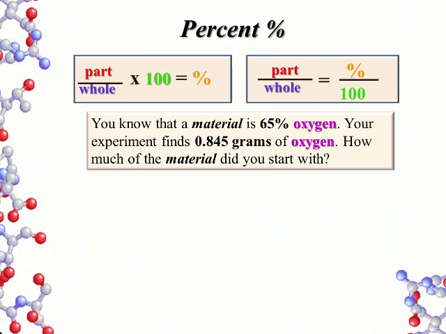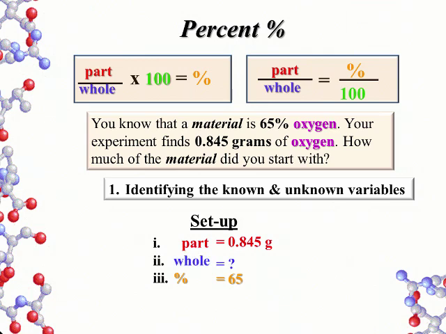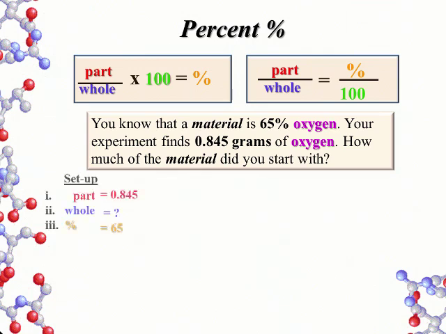Step 1. Identify the known and unknown variables. Looking at the problem, we see that oxygen is a part of the material. So part is 0.845 grams. The percent that oxygen makes up is 65. The whole is unknown. The setup is complete.